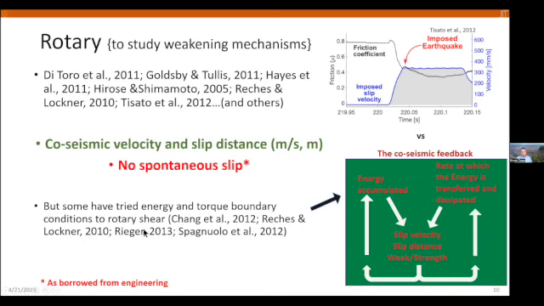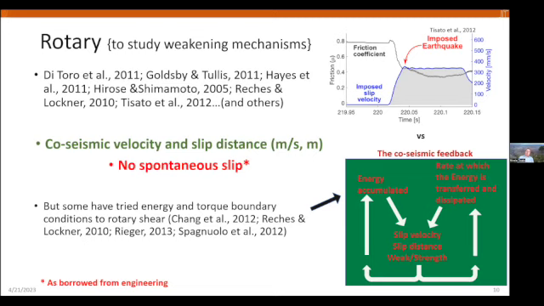As a matter of fact, some people in the past have been trying to work by controlling the energy provided to the fault and try to simulate this feedback, right? For example, Chang or Ratches and Lochner, they try to use the Roga machine, which has a spinning wheel, like a wheel with a very big mass, which is accelerated and then suddenly put in contact with a clutch.